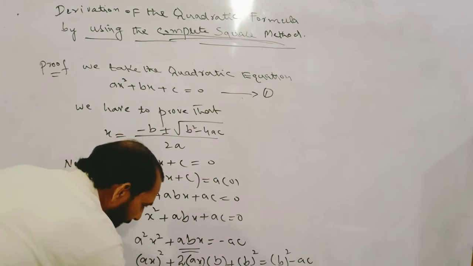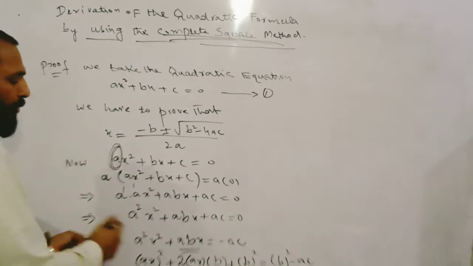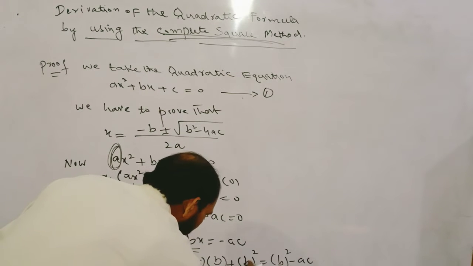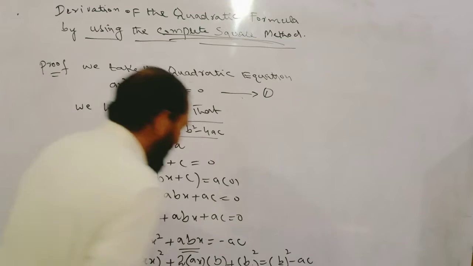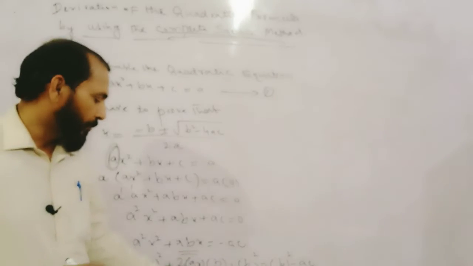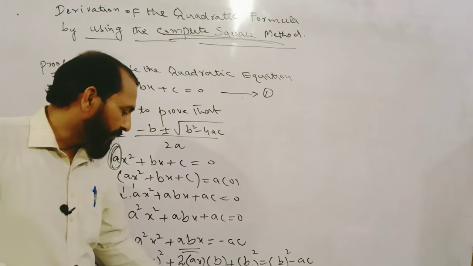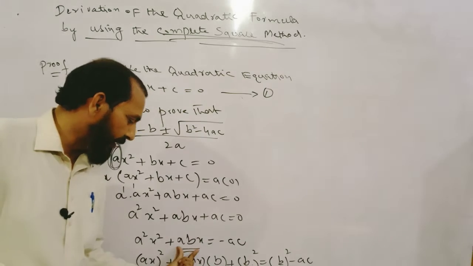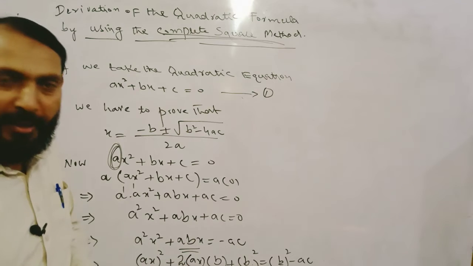In abx, we remove the 2, so we can change it to b over 2. When we write b over 2, the 2 and 2 cancel, and the form of the above equation becomes clear.